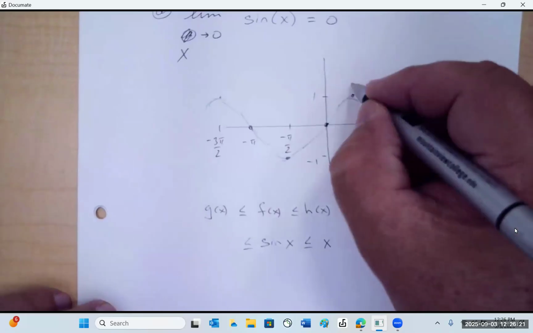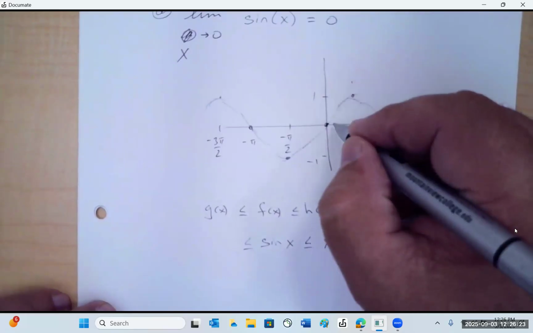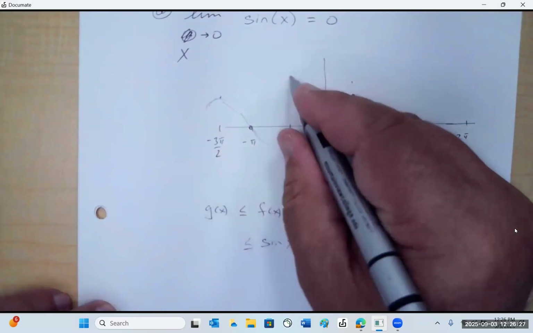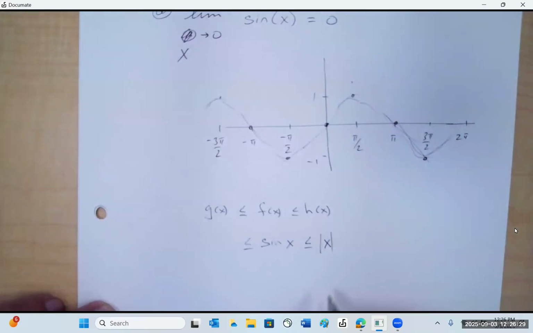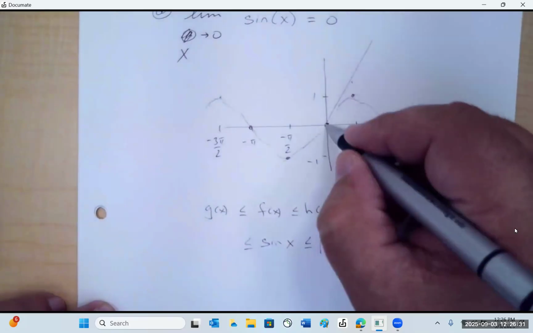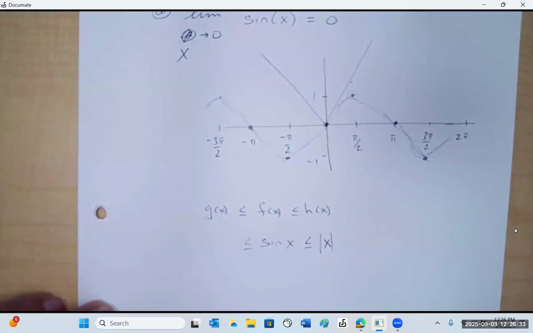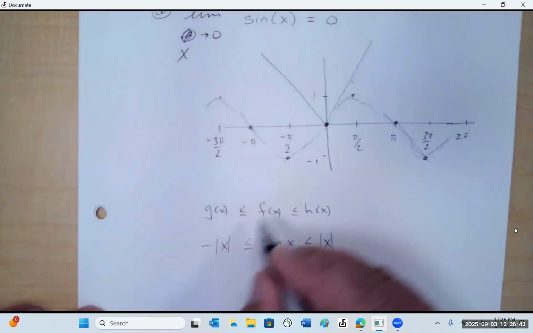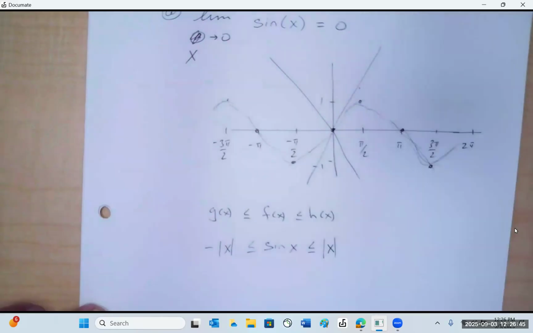It's greater than 1, so it's up here somewhere. We need an absolute value because here it's got to be above there. So we're looking at that function, the absolute value of x. Same thing down here, but we want it to be negative because we want it to be down like this.